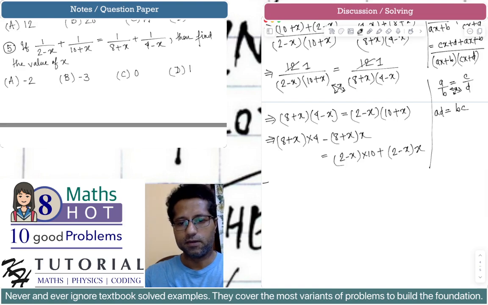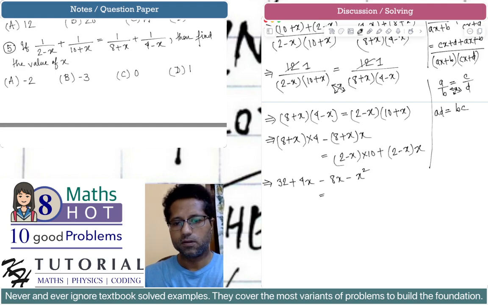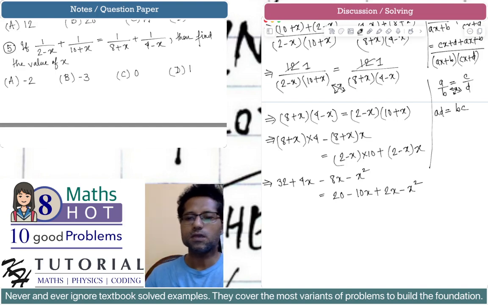Now if we further do the products and open up the brackets, we get 32 plus 4x minus 8x minus x square is equal to 20 minus 10x plus 2x minus x square. Now you can see we are having minus x square on both the sides.